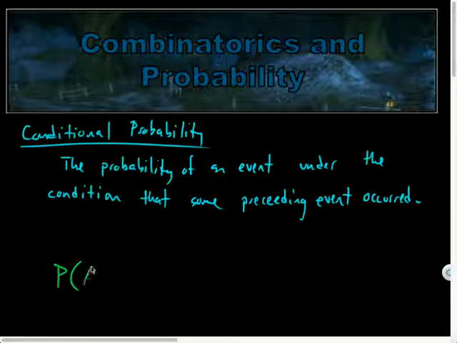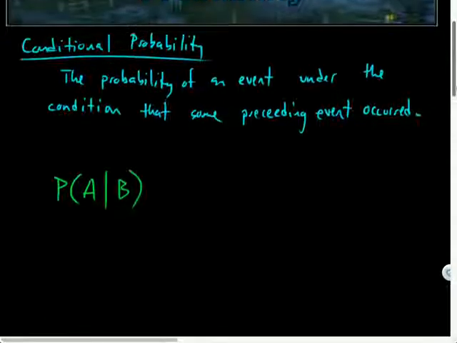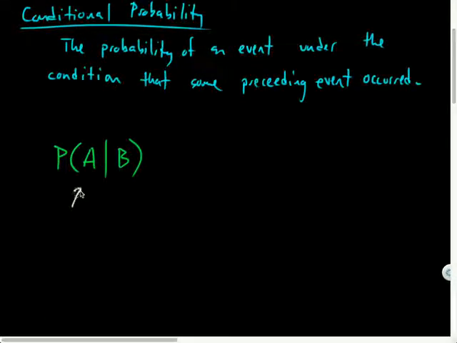P of A, and then it's got this line, and then B. And that's read, by the way, as P, the probability of A given event B occurred, is what that means.